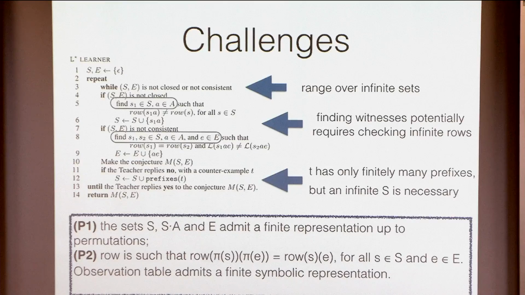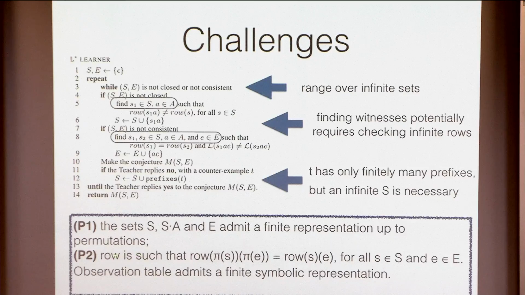However, here's what saves the day: because we are working in nominal sets, we know that those infinite sets, S and S extended with A and E, admit a finite representation up to permutations. So even though they are infinite sets, they are orbit finite.